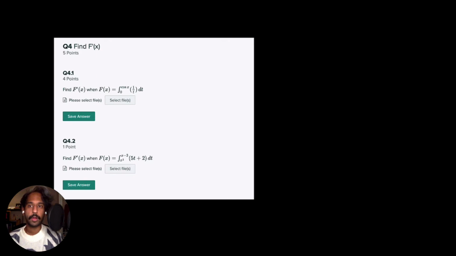All right, we're asked in two different questions to find f prime of x when we're given capital F of x equals these different integrals. And so what we want to remind ourselves about is this rule.